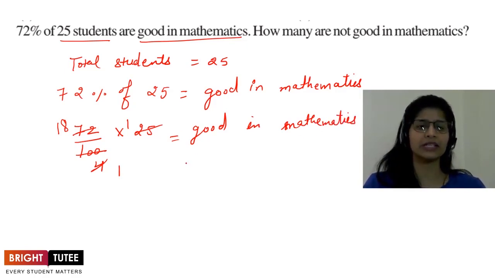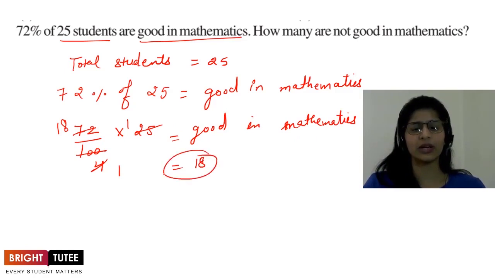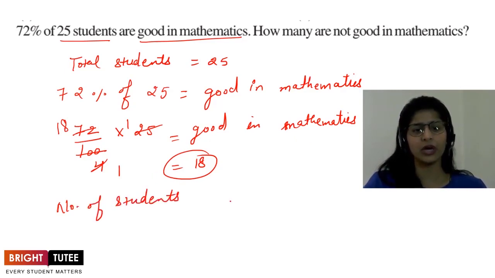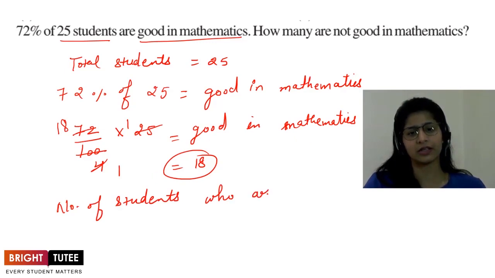So if number of students is 18 who are good in mathematics, how many total students we have? 25. Number of students who are not good in mathematics.